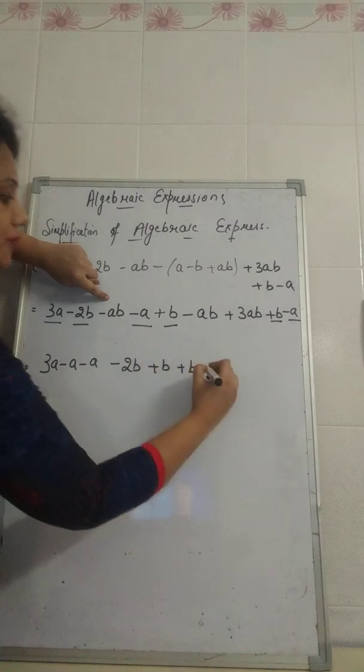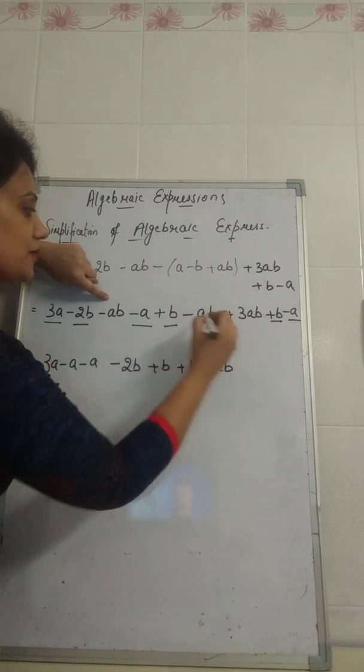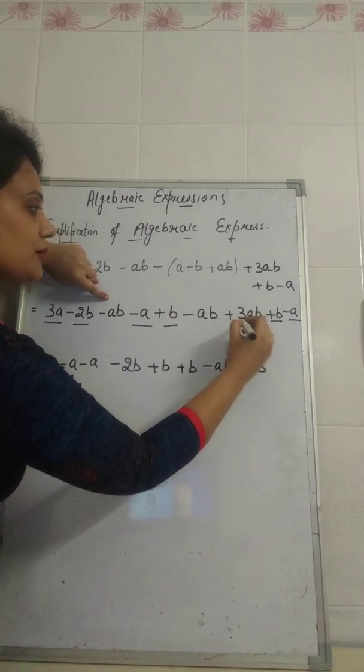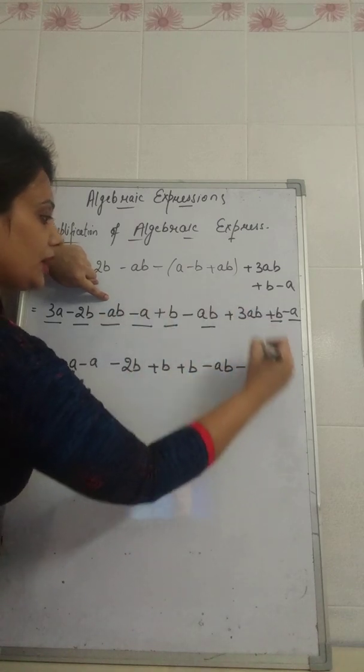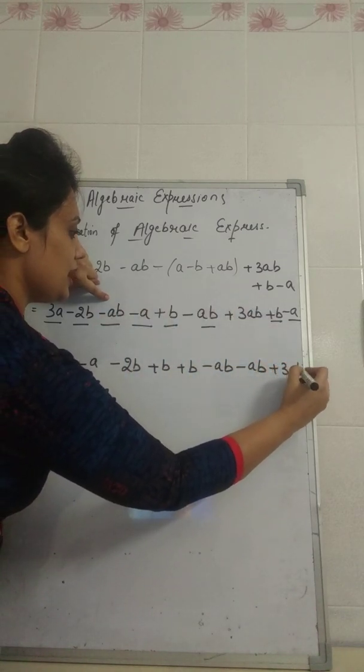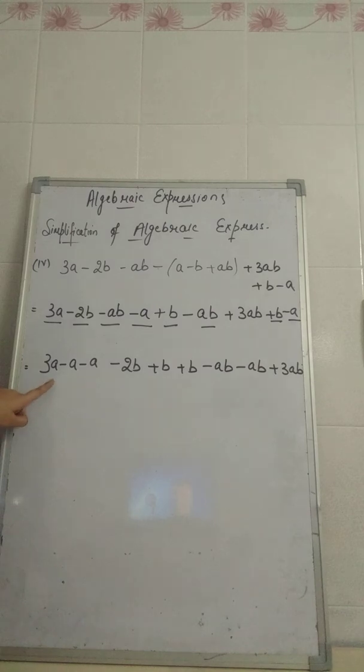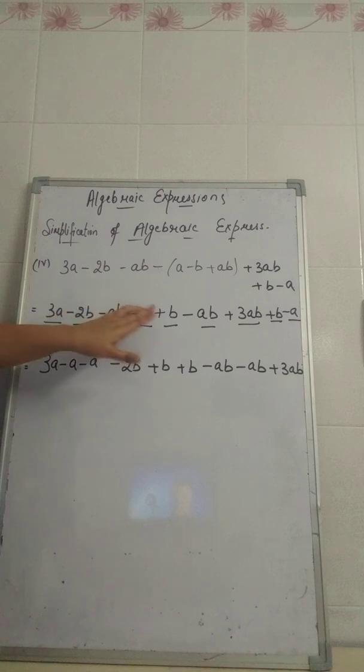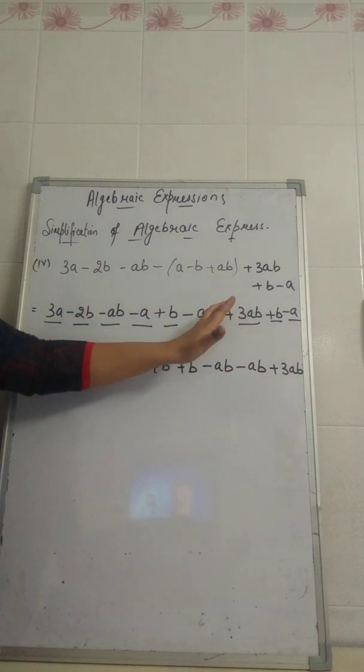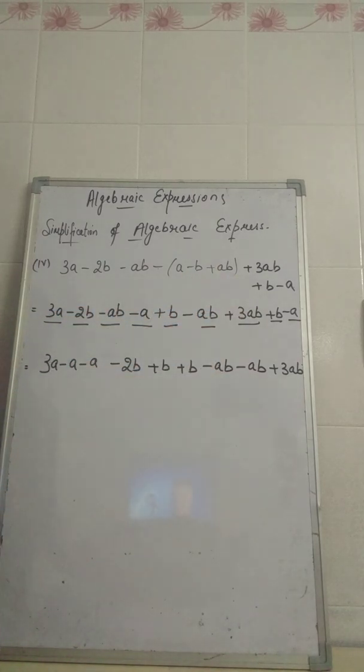Now we are left with minus ab, one more minus ab, and then plus 3ab. Whichever term I am writing, I am underlining it so that no term is left. If any term is left and we haven't underlined it, we can see it and write it afterwards. Now I have written all the terms.